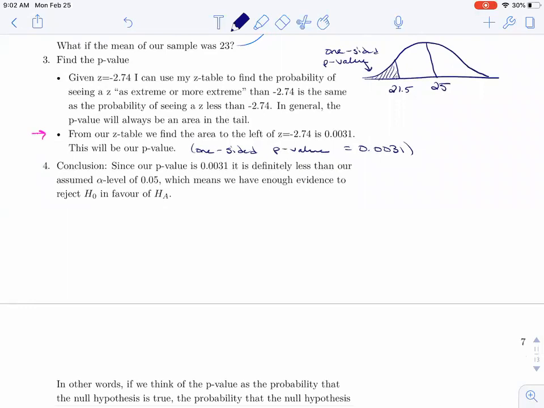So now we have our p-value. Not that bad. It's just mapping it out, seeing which area you need. It's going to be an area in the tail.